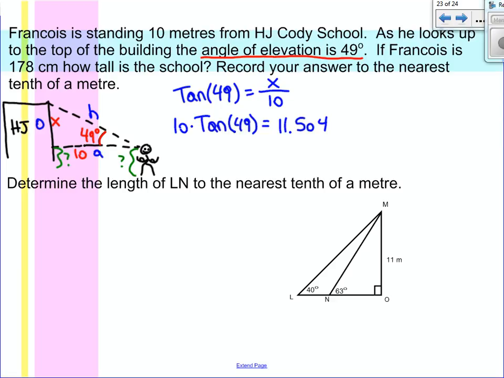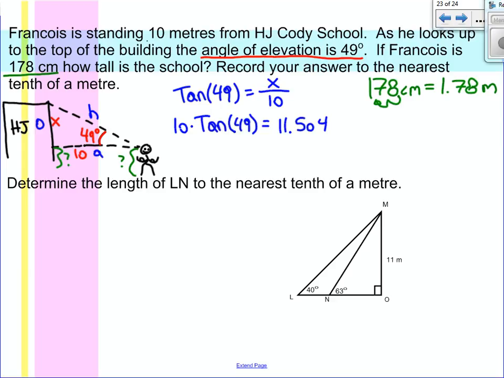So 178 centimeters is the same thing as 1.78 meters. You just move the decimal place 2 spots to the right. Or, sorry, 2 spots to the left. The reason we changed it to meters is because they told us that Francois was standing 10 meters apart, so we have to be working in meters.